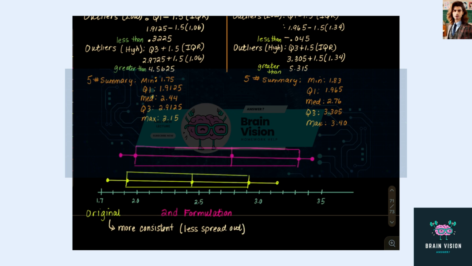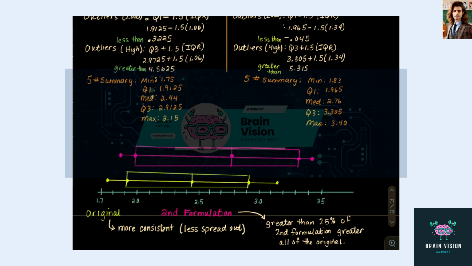We can talk about the second formulation, whereas greater than 25% of the second formulation is greater than all of the first, or all of the original.